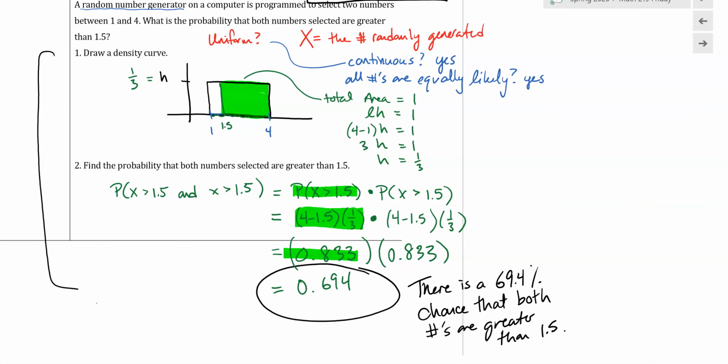Really, from here on out, everything we deal with is going to be a continuous random variable, because most things are. It's usually not discrete that we're interested in, though sometimes it is, but by and large, we want to know how to analyze a continuous random variable. So this is what we're going to be doing for quite a while.